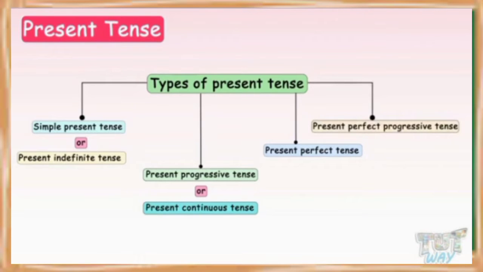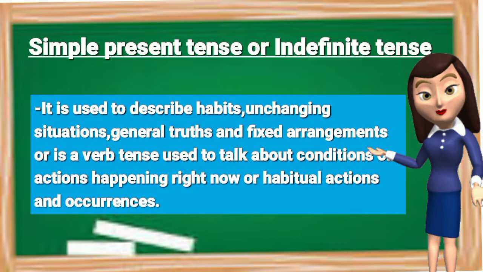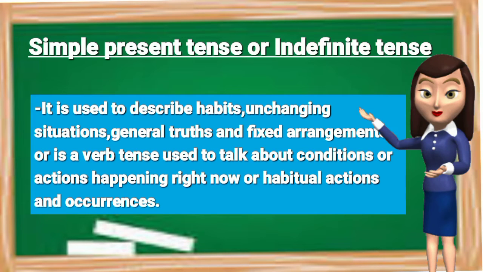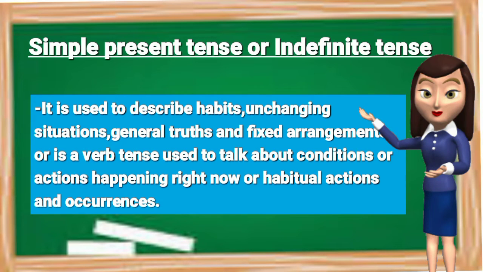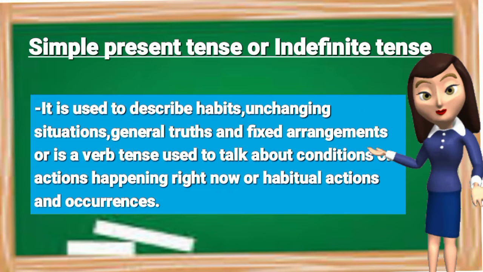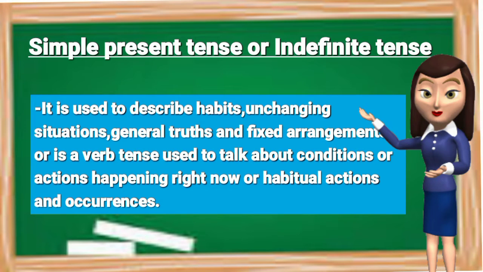First, let us get to know simple present tense, or indefinite tense. It is used to describe habits, unchanging situations, general truths, and fixed arrangements, or is a verb tense used to talk about conditions or actions happening right now or habitual actions and occurrences.